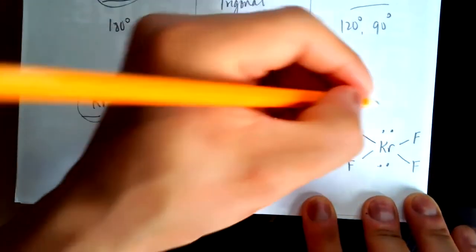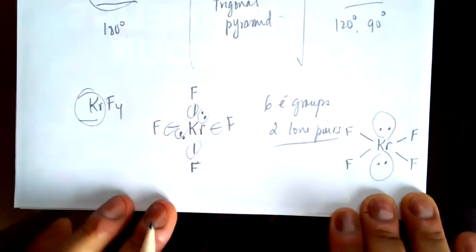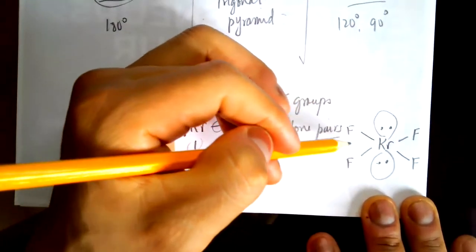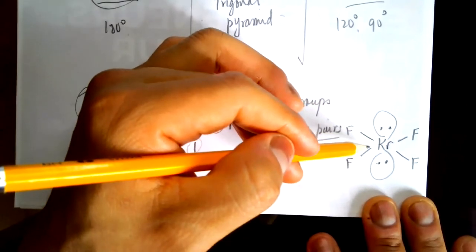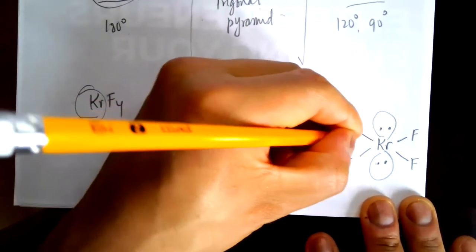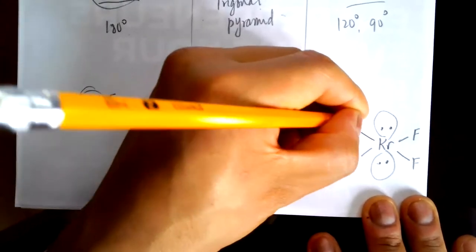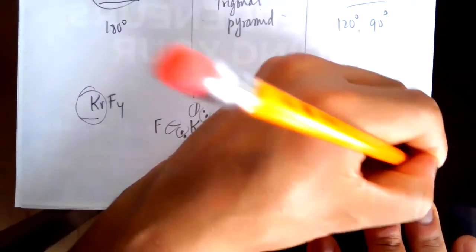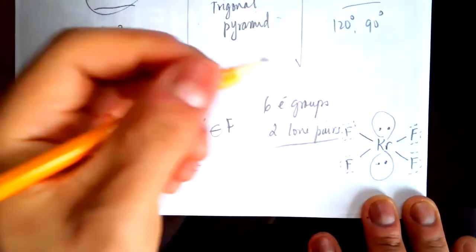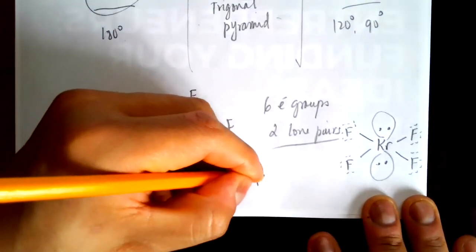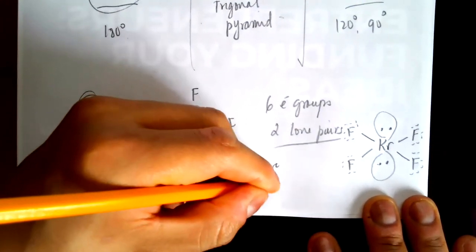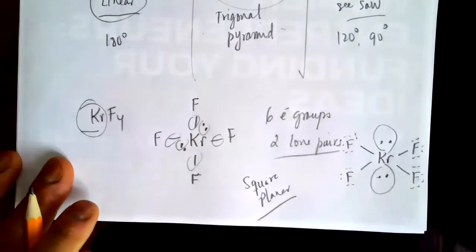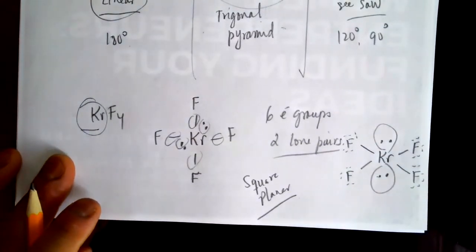And I will have the lone pairs of electrons up and down. I have to minimize electron-electron repulsion. And the fluorines also are 90 degrees apart. So in this case, the krypton should be square planar. Okay, so let's see what it says, the slides.